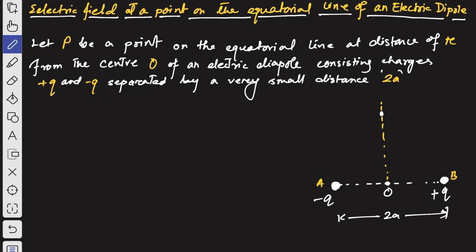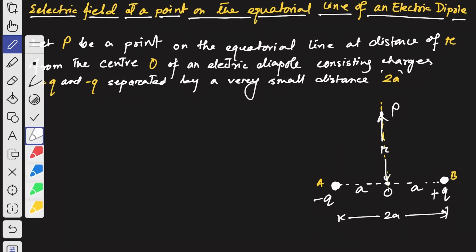These two charges are separated by a small distance twice a, so OA is equal to a, OB is also equal to a, right? And there is a point on the equatorial line at a distance r from this center, that is P. This distance is r.